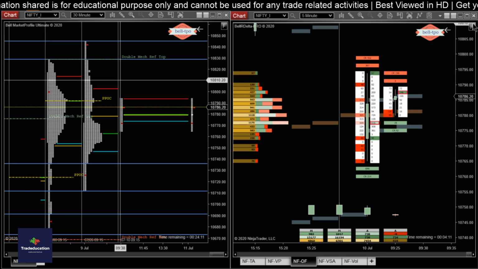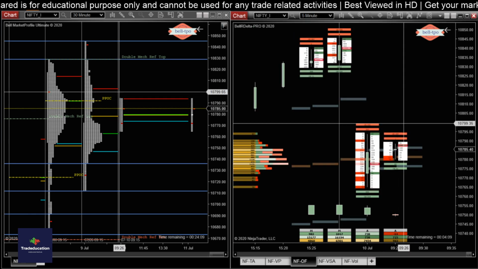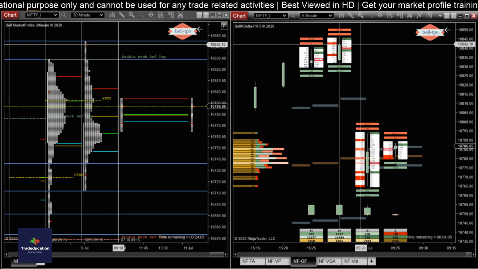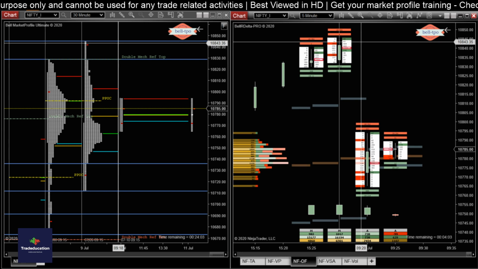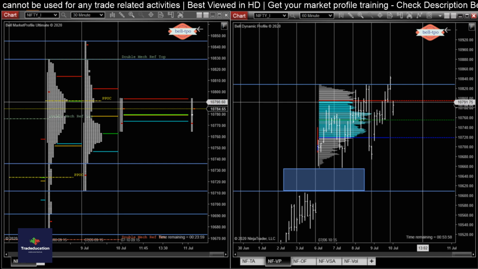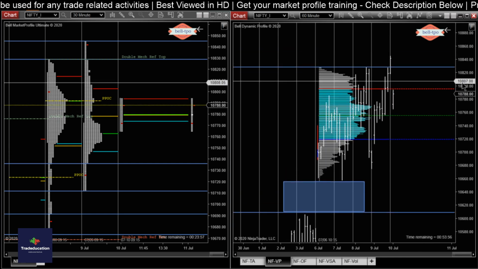So further continuation to the upside should be seen. This is where the auction halted, closed. Let me go back to the volume profile chart. It's trying to tag. Yeah, it will tag.